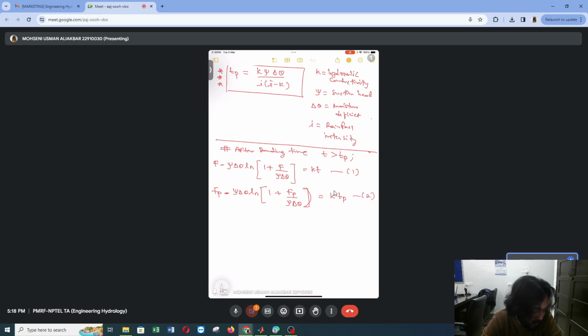If we subtract these two equations, we'll get a new equation, and that equation is nothing but the one to calculate cumulative infiltration after ponding time. So if we subtract equation 1 and 2, this is the equation we are going to use in order to calculate either of the two terms, or to calculate cumulative infiltration after ponding time tp.